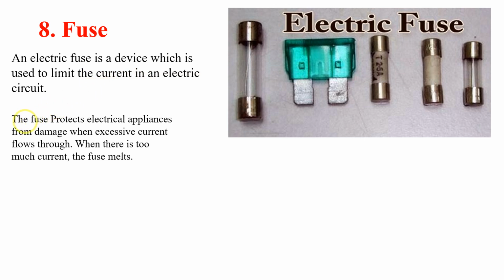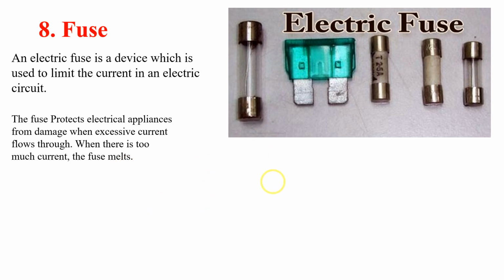The fuse protects electrical appliances, meaning electrical equipment and objects, from damage when there is excessive current. Excessive current means when the amount of current is very high. So when excessive current flows through it, when there is too much current, the fuse melts.